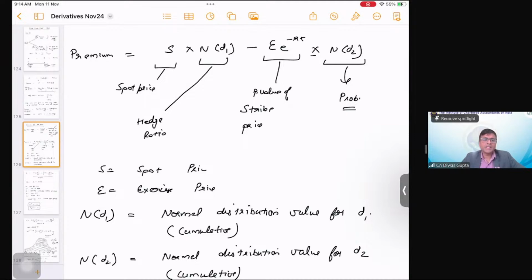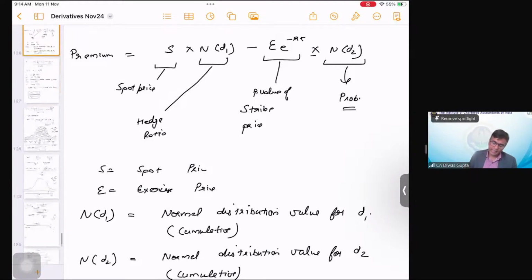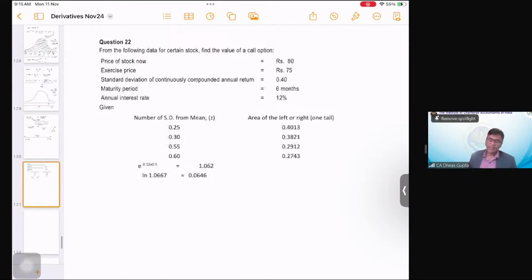As far as the question is concerned, you will find it relatively very easy because the question will give you those specific set of values which need to be considered for calculating the Black-Scholes model. Let's see the question first, and in case there are any other doubts, I am happy to take them up. Okay, start question number 22.